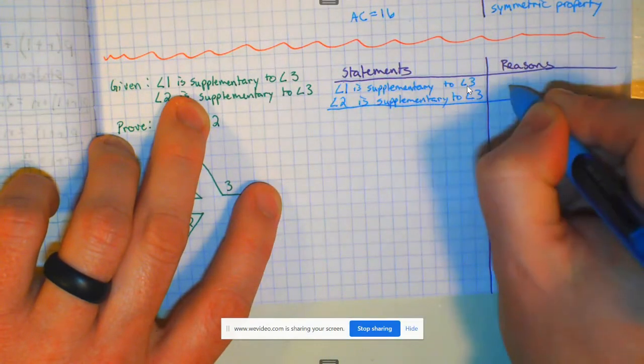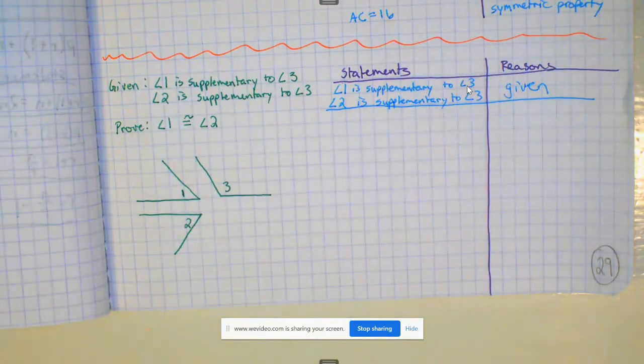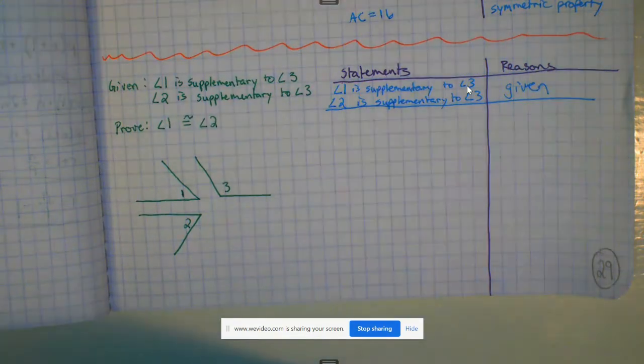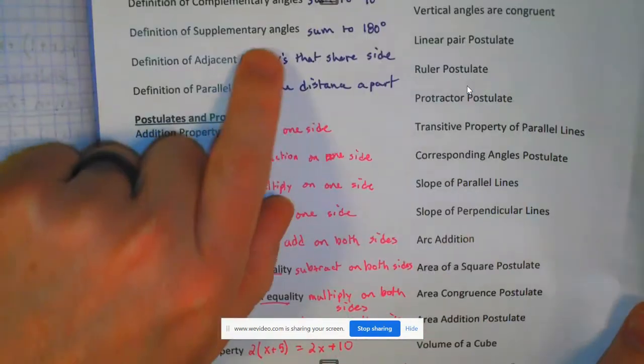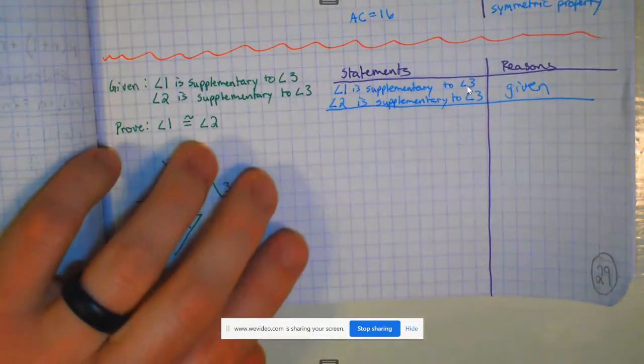And that is all given. Okay, so let's think about what does it mean to be supplementary? Well, according to our sheet here, supplementary angles sum to 180. So that's what I'm going to do.